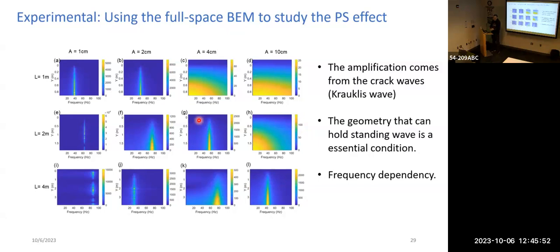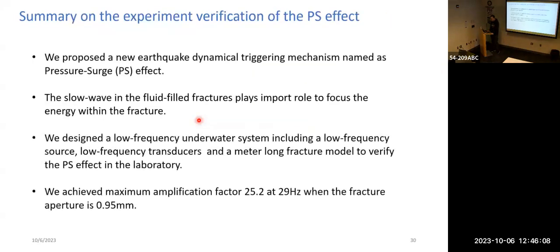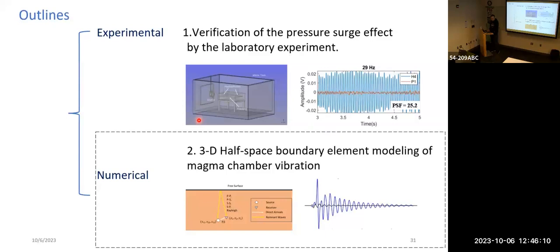It gives random waveforms. That is some algorithm problem, and I cannot handle it in a short time. So I switched from the full space boundary element modeling of the pressure amplification to volcano seismology, because both of them share the same point: wave propagation in an elastic medium with fluid inclusion.